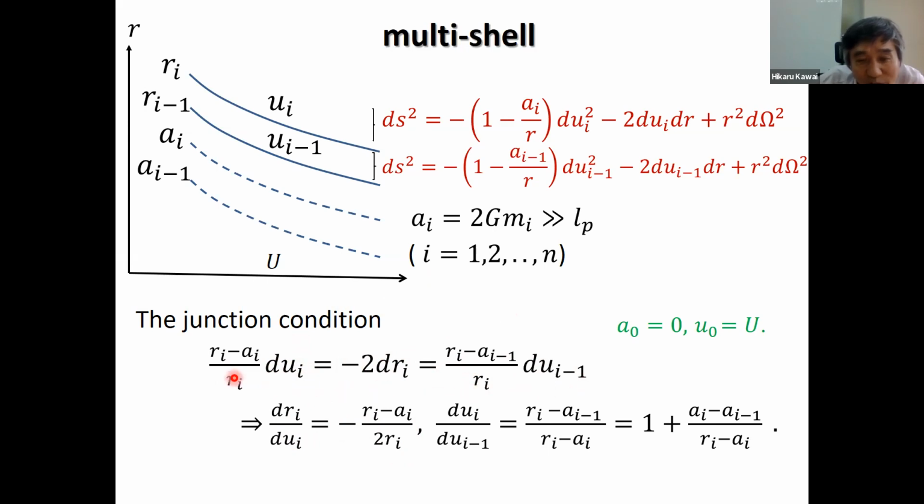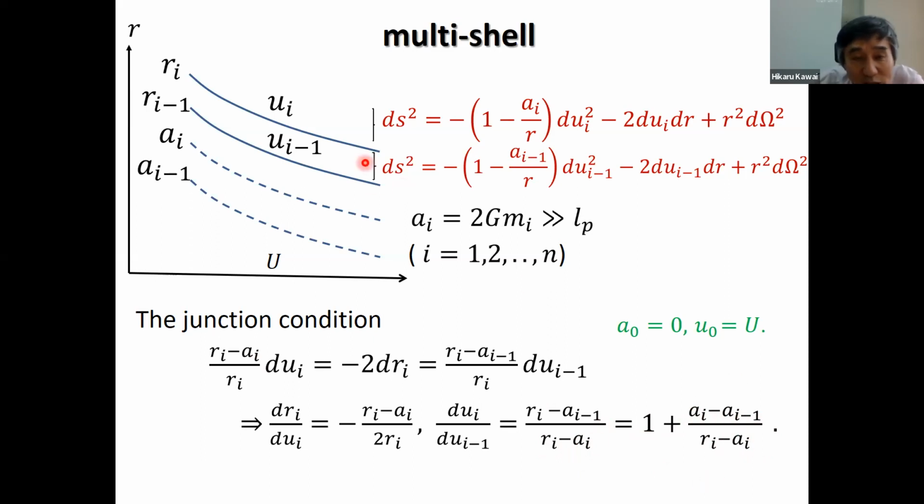So Ri is common. So we have Ri minus Ai minus 1 divided by Ri minus Ai. And we can derive this as 1 plus Ai minus Ai minus 1 over Ri minus Ai. So we can just derive this in this way.